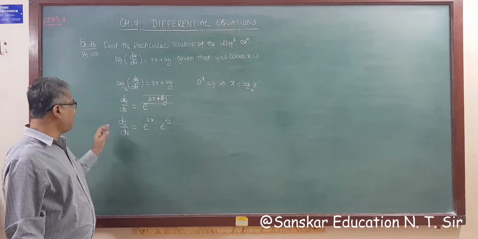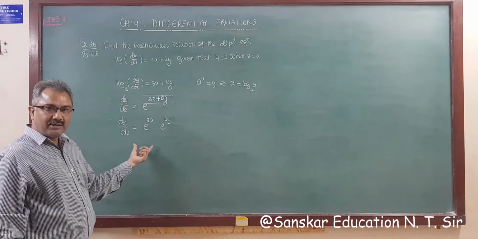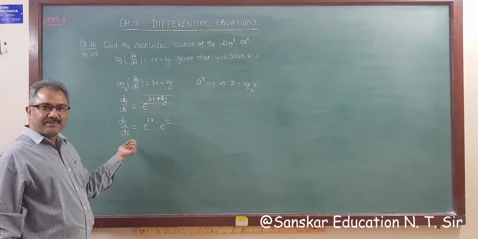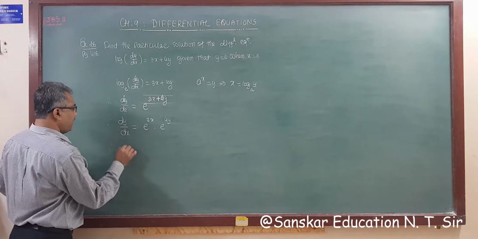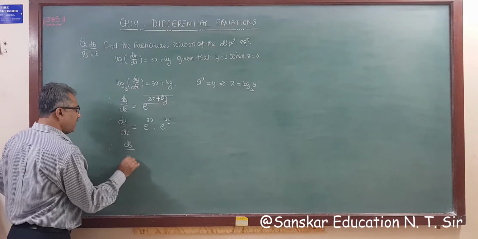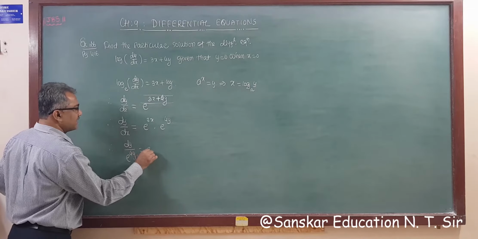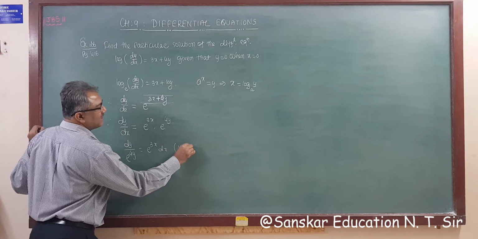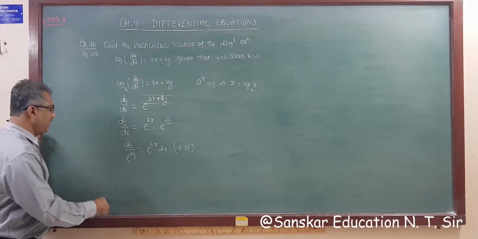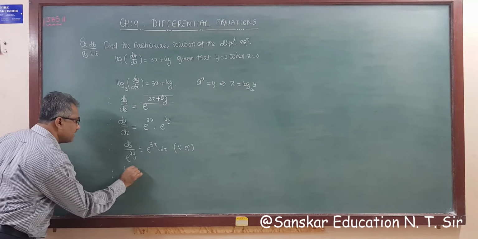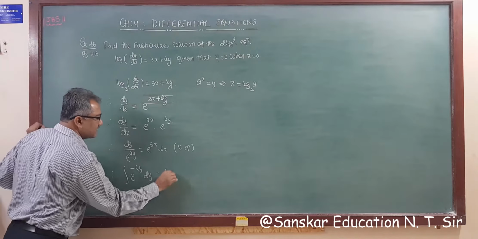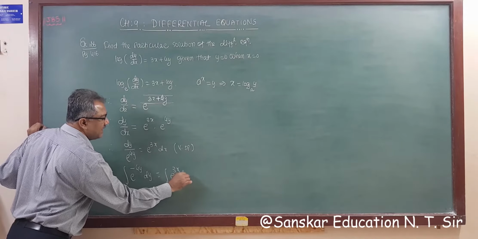Now this is easily visible that this is a variable separable form. Therefore dy upon e raised to 4y is equal to e raised to 3x dx. So integrating, we get integration e raised to minus 4y dy is equal to integration e raised to 3x dx.